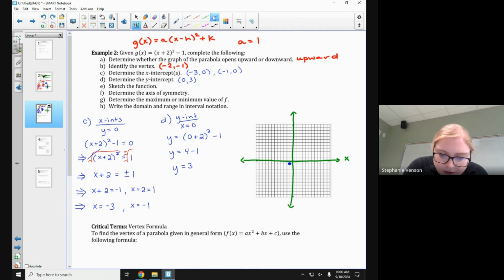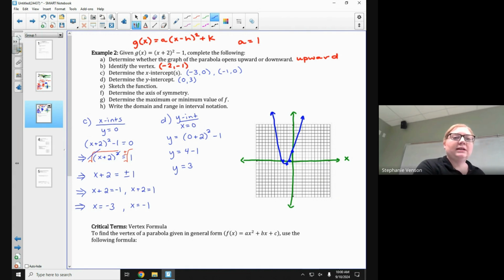Then I have negative, let's see, didn't quite go far enough over on that. It's hard to see on this screen. Here we go, negative 2, negative 1, I apologize. Then we have negative 3, 0, and negative 1, 0. And then we also have 0, 3. Okay, so prettiest parabola we can through that. And there we have it.